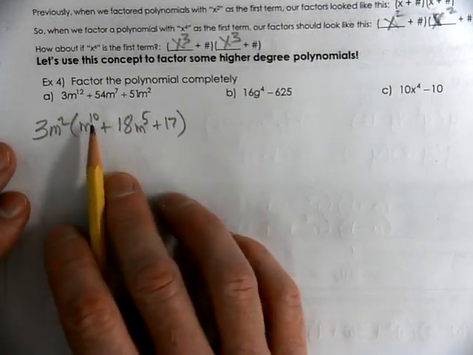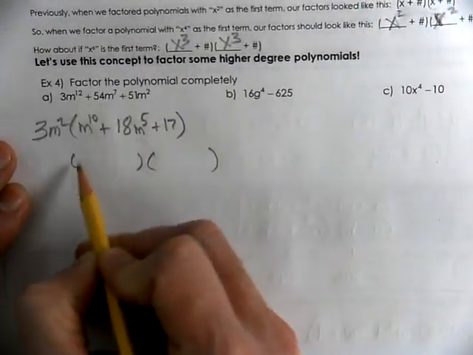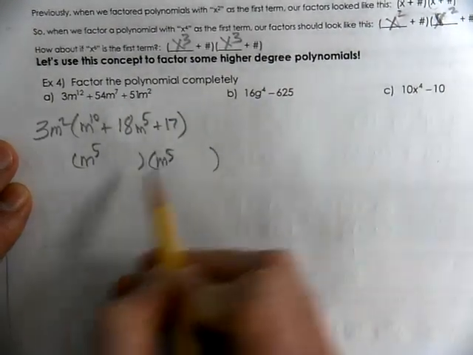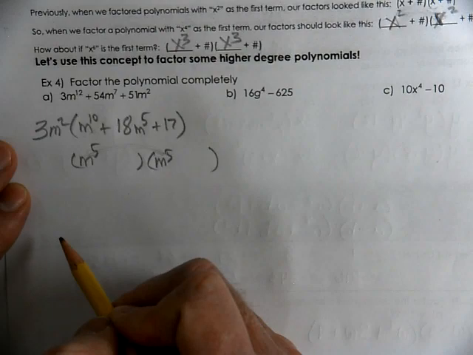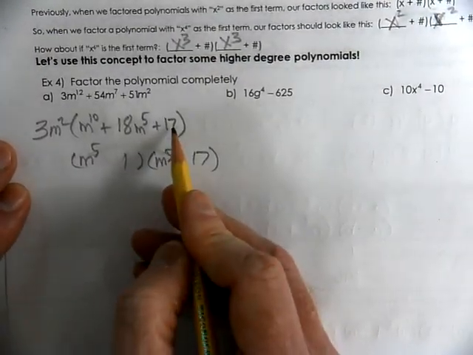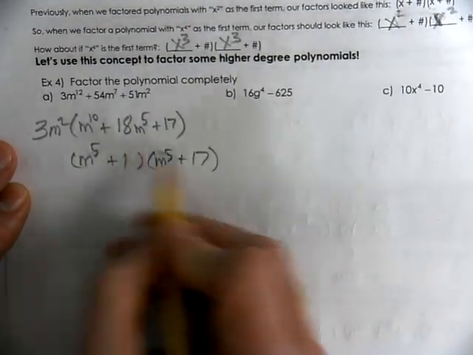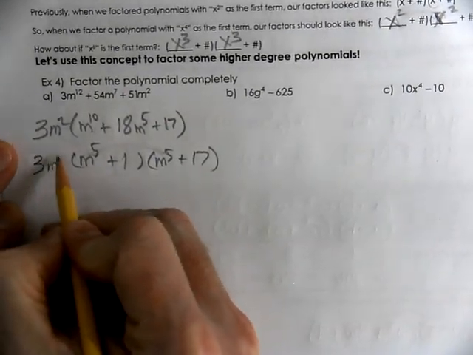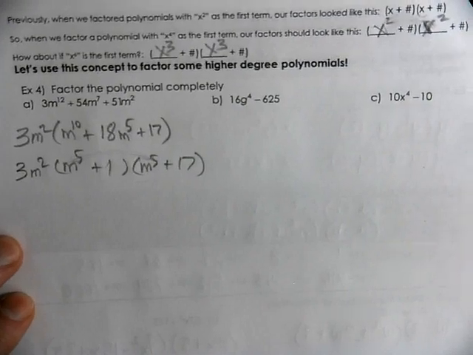This is a pattern of a quadratic. So what that means is that we can write this down as m to the 5th, because when we multiply there, we get m to the 10th. 17 and 1 is what multiplies to be 17. And they're both positive because they add to be 18. There we factored it apart.